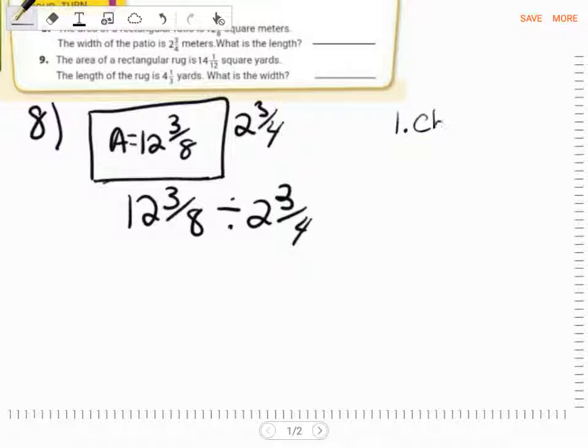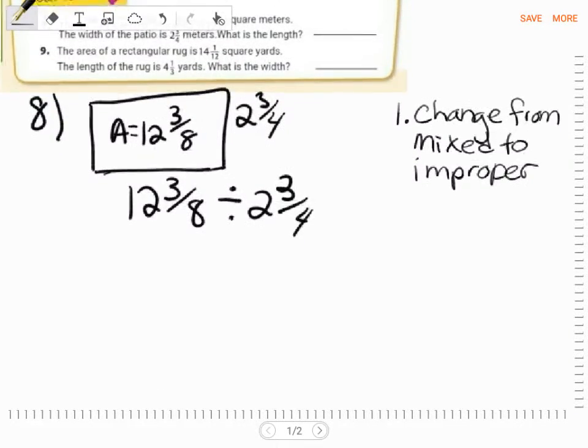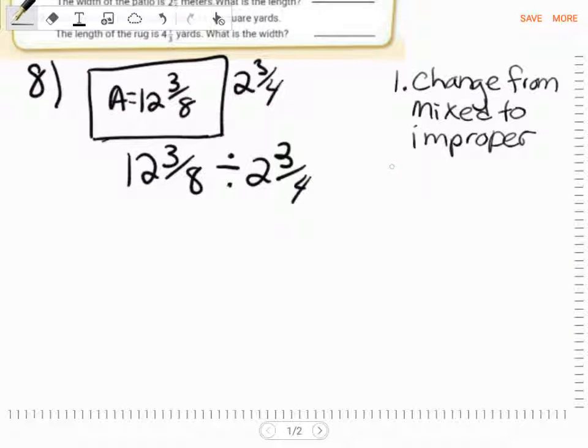Then after that, my step 2 is to multiply by the reciprocal.